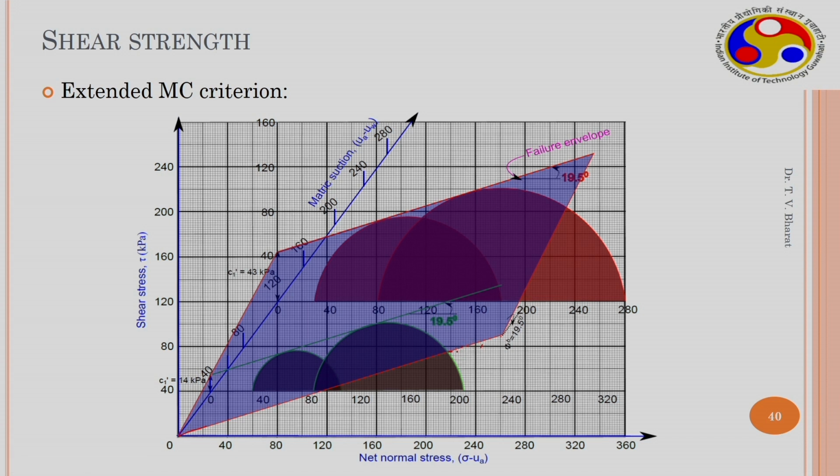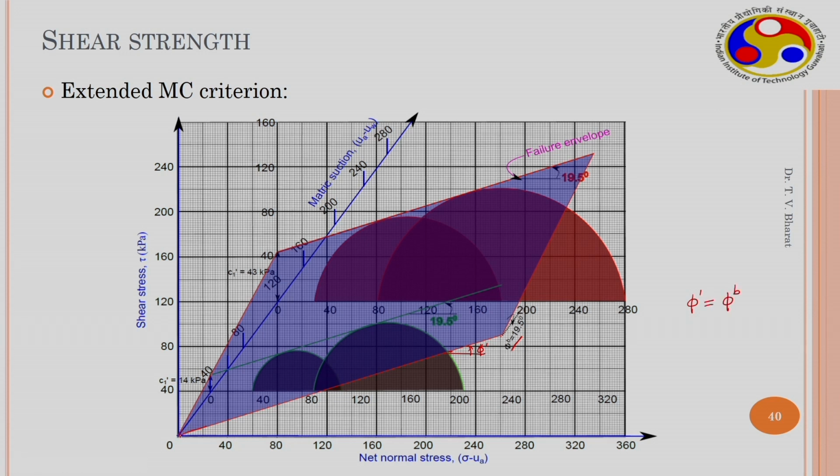This line with the horizontal makes phi dash 19.5, and this line joining these two planes is phi b, that is also 19.5 for this particular case. In this particular case, phi dash is equal to phi b.